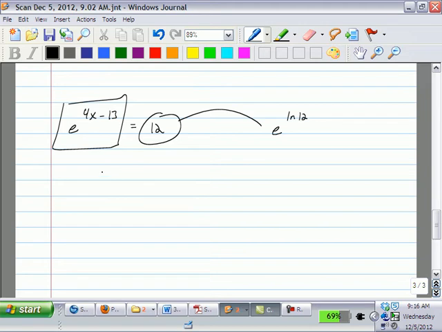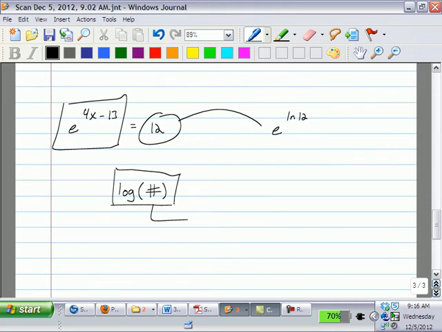Well, how do you remember what the log function does? Was there a rule that you wrote for that? So let's try.